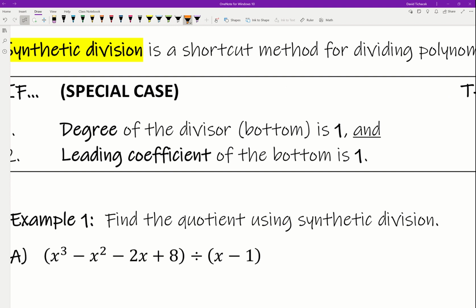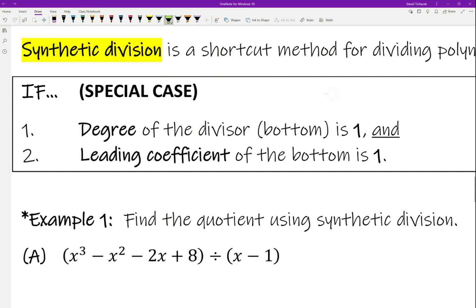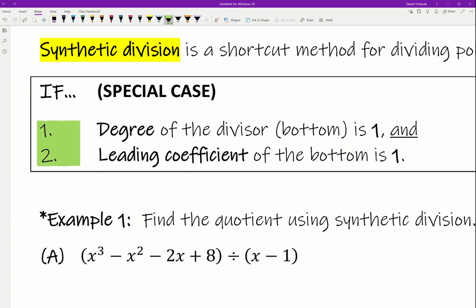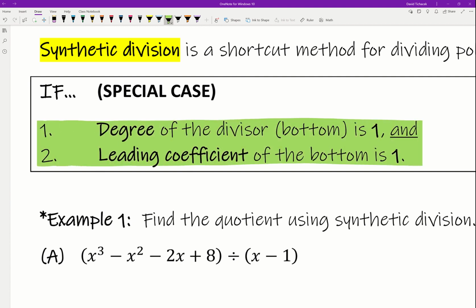So basically what you're going to do is you're going to look at your divisor. You're going to look at the denominator and notice whether or not it is a degree 1 polynomial, and also if the leading coefficient is 1, okay? And so we want the degree to be 1, and we also want the leading coefficient to be 1.